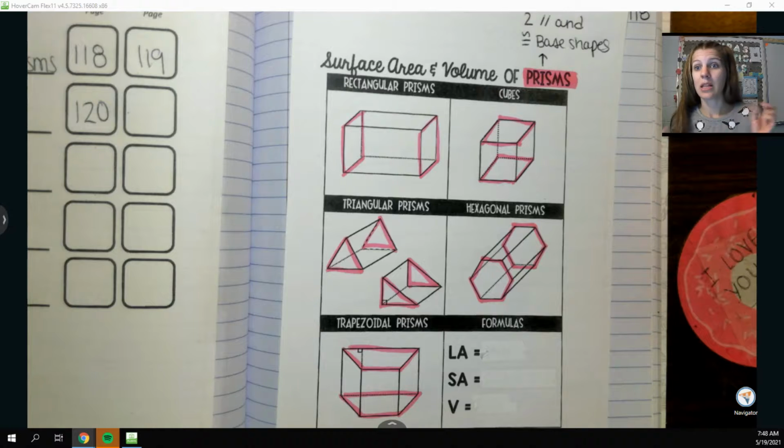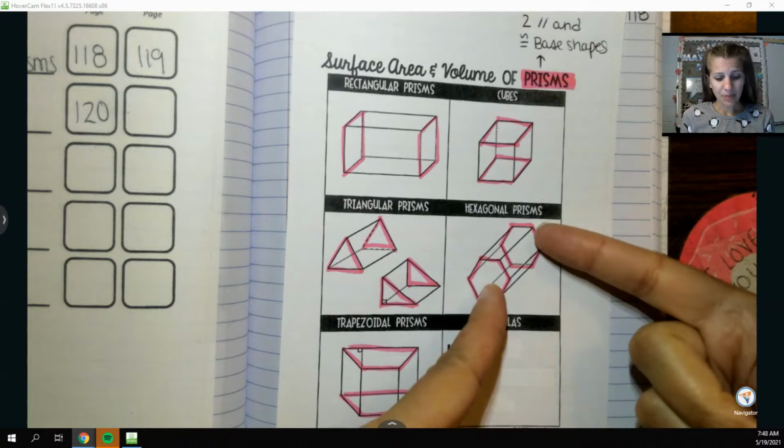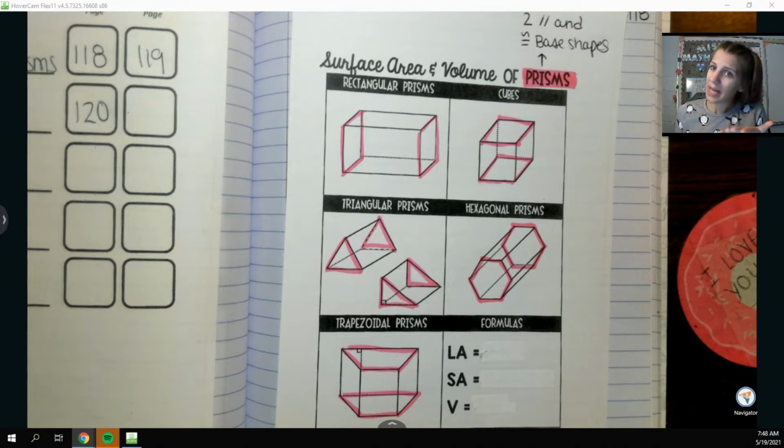The stuff that wraps around those bases, if you unwrap it and unfold it like we were looking at with our nets, that whole wraparound portion unwraps to be a long rectangular piece.